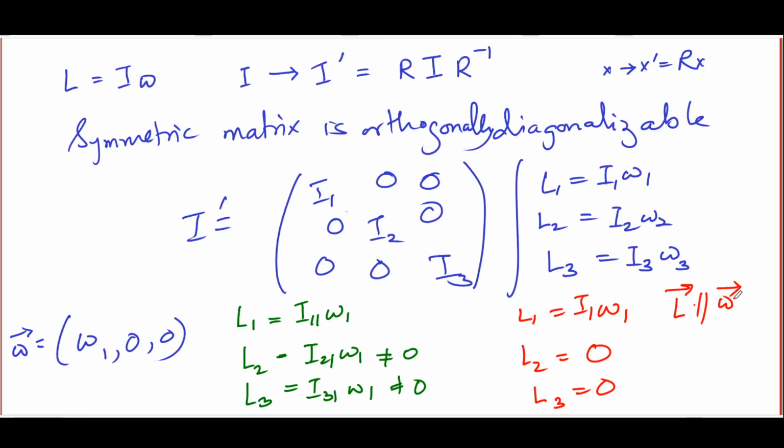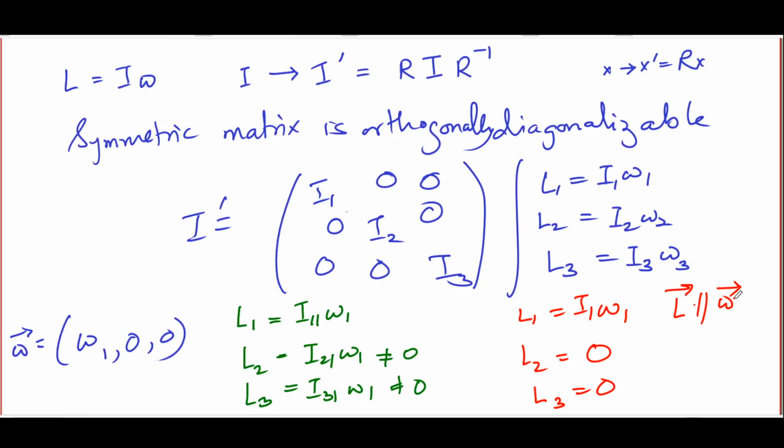So what this guarantees is that for any object whatsoever, for any rigid body whatsoever, no matter how symmetric or asymmetric it is, there always exists a choice of coordinate system, or three distinct axes, for which, if the angular velocity were along one of those three axes, the angular momentum would also be along those three axes.